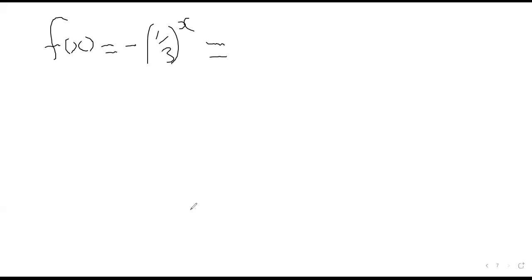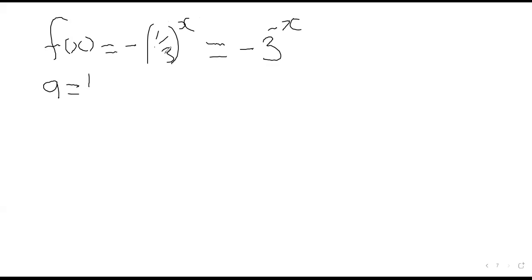So this is the same as saying negative 3 to the power negative x. One and the same. So if you see something like this, do not rush and say the value of a is 3. No, only say the value of a upon this power being just x, not negative x. So like this is 1/3 to the power x. This implies that the value of a is 1/3.